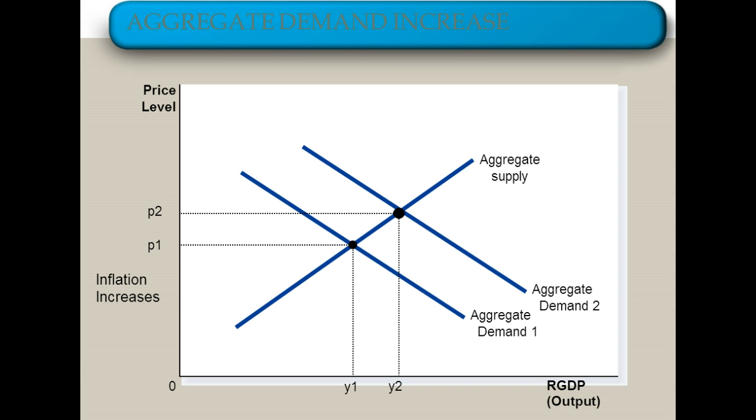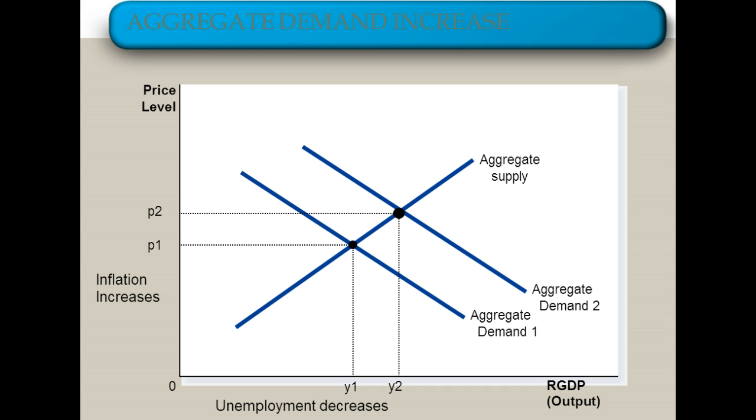Not surprisingly, the variable tied to inflation is the price level. In this case, what we notice is prices are rising. And so because prices are rising, inflation is increasing. If prices rise, inflation increases as well. We're also going to notice that our GDP increased.